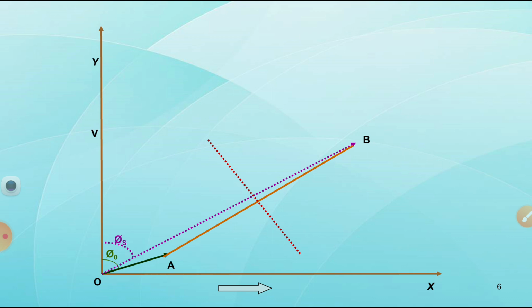Now this bisector cuts the line near the reference value. OX is a reference, so here the distance from A to X, the vertical component, I can draw one line parallel to the reference OX from point A.